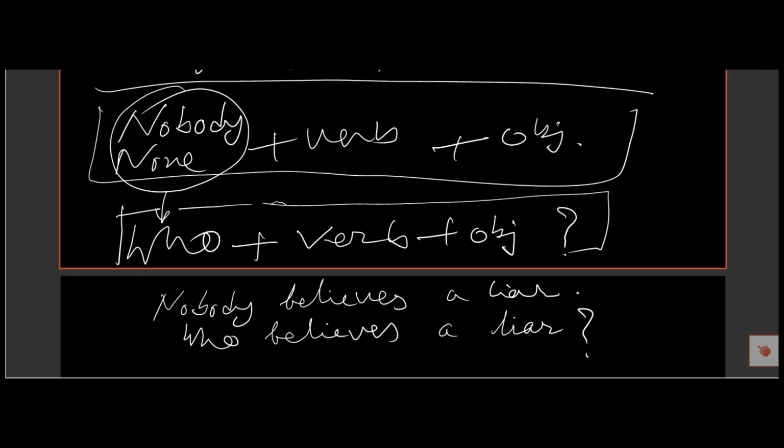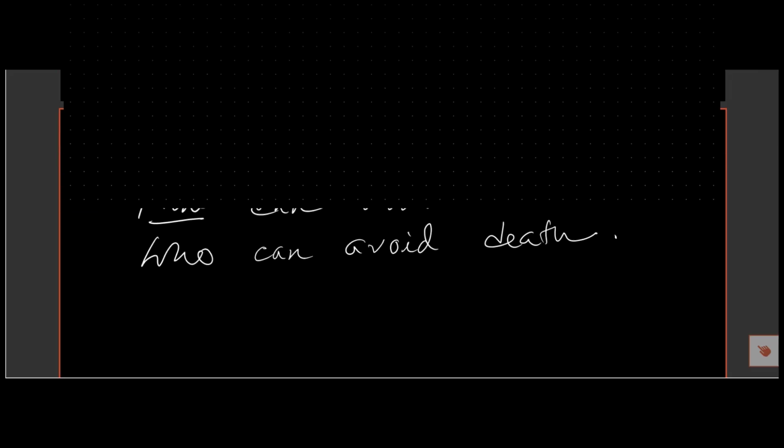Instead of nobody or none, the sentence begins with who, and then the rest of the words of the sentence. So nobody has been changed into who, and then the other words, believes a liar. So, who believes a liar? Nobody believes a liar. Who believes a liar?